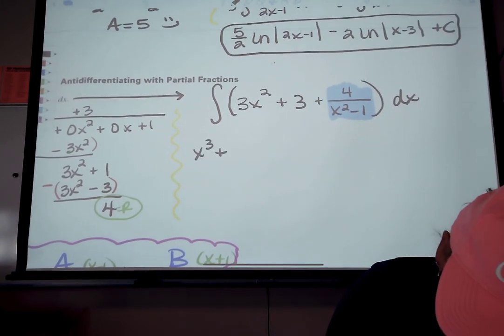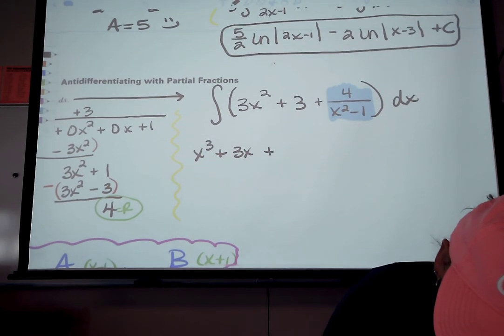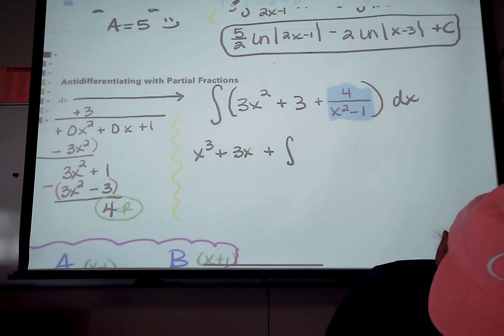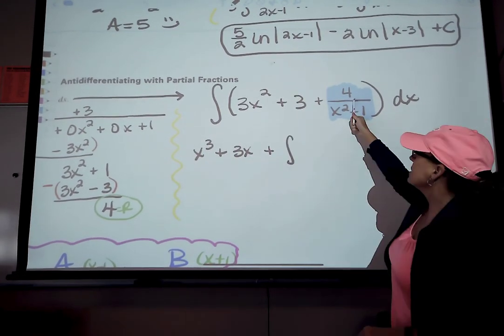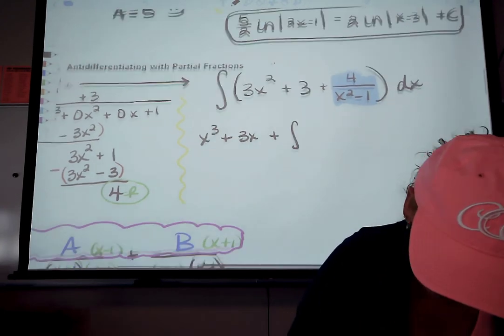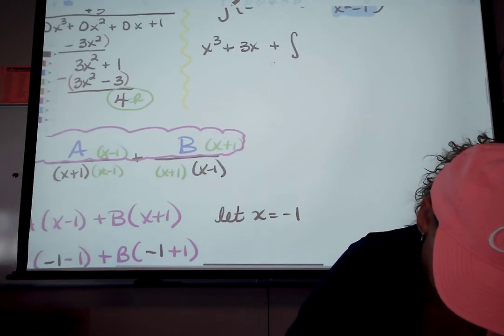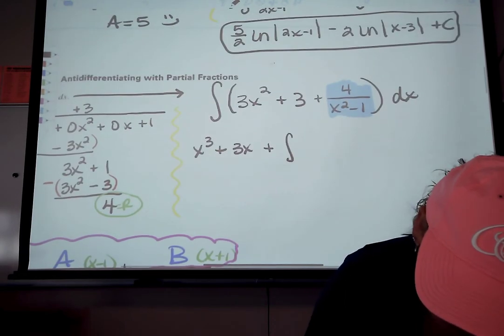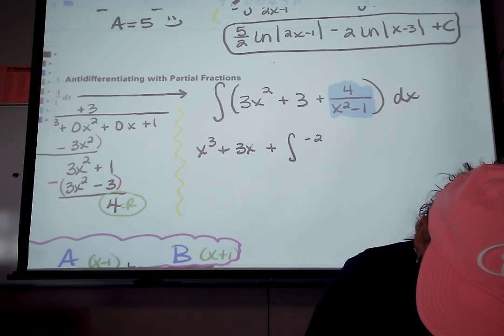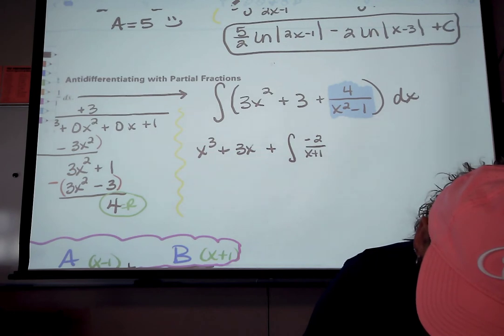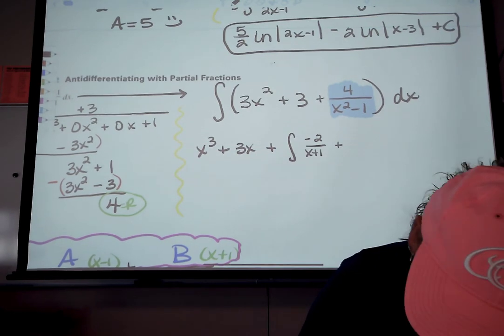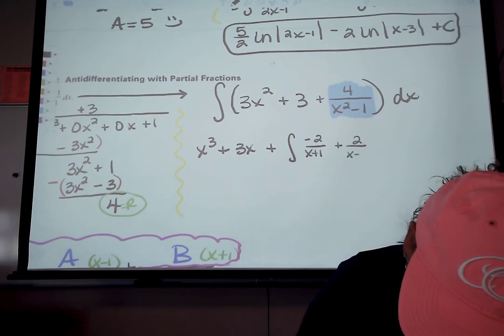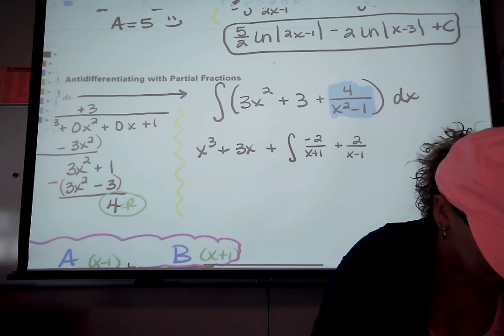The antiderivative of 3 is 3x plus, now I have the integral of negative 2 over x plus 1 plus positive 2 over x minus 1. Pretty sure that's what I have.